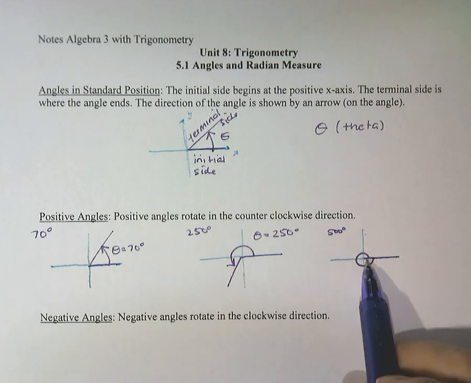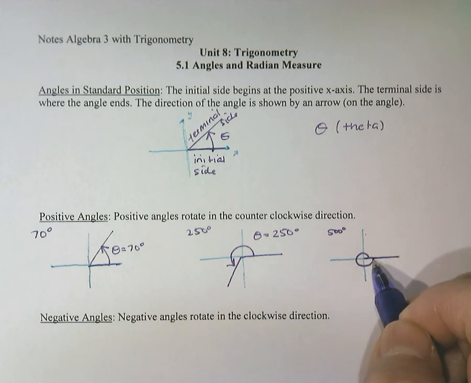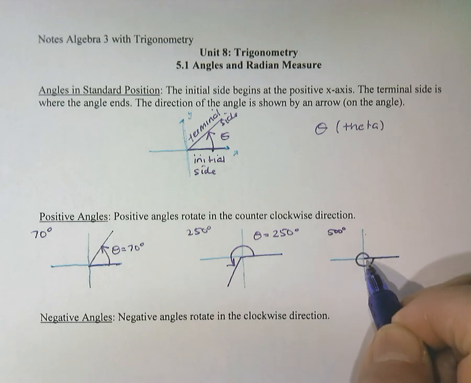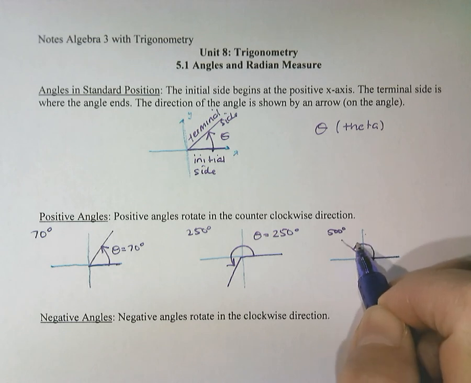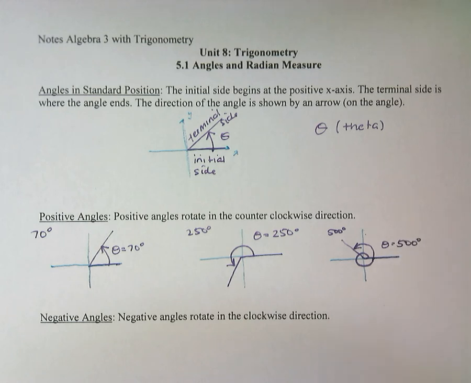Notice I didn't stop right here where I started, because otherwise I would just draw a circle, but I need to show that this angle is greater than 360 degrees. So I need to go another 140 degrees. All the way over to here is 180, so I just have to go about 40 degrees off of that, which is going to be about right here. So theta is equal to 500 degrees.